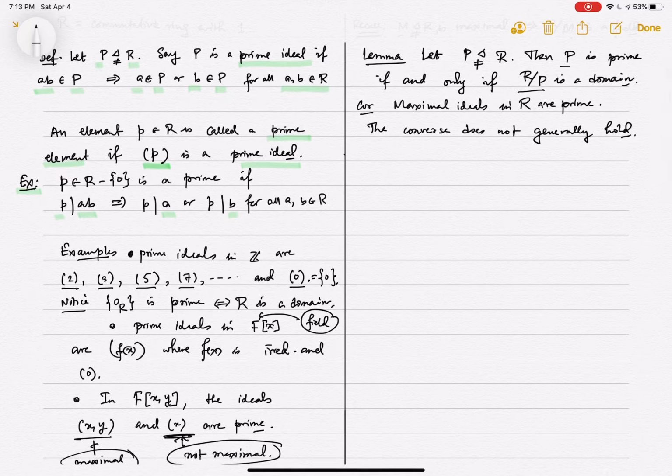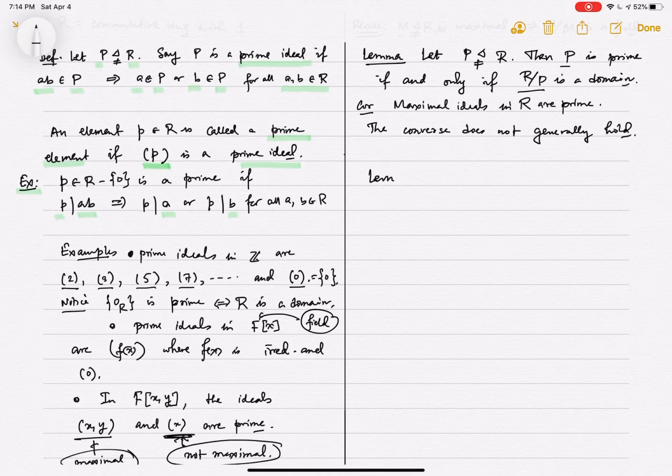But I want to just do one little lemma here. It says that the converse does hold if you are in a PID. Remember, PID means domains where every ideal is principal, meaning generated by a single element.